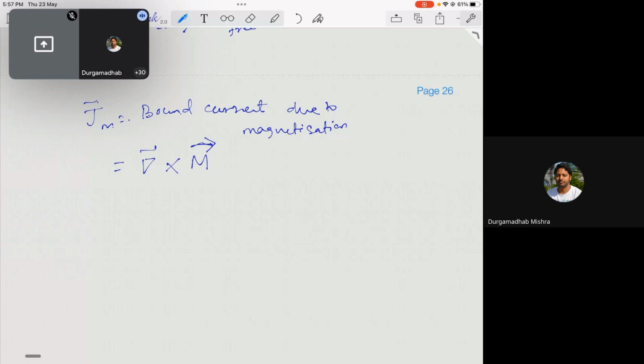One can also mathematically prove this relation that I am writing.